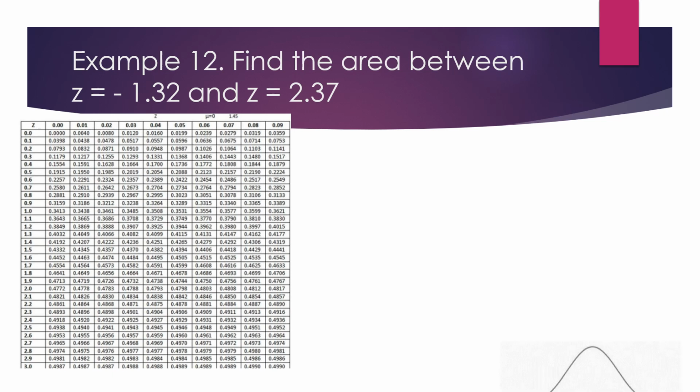Let us first sketch the given and identify the regions. Negative 1.32 is at this part, and positive 2.37 is at this part. What we're going to find is this given region.